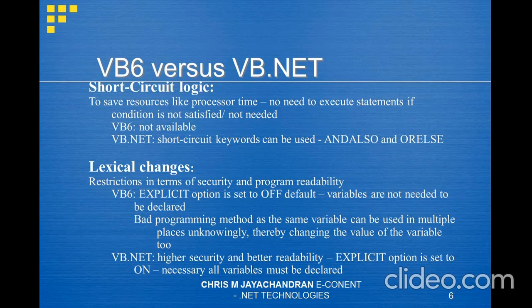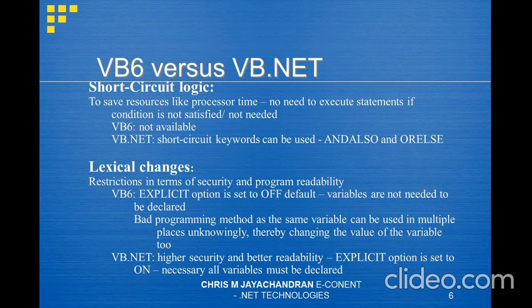In a similar manner, if a part of a statement turns out to be false or true, there is no point in trying to execute the remainder of that particular statement. This would save resources, be it CPU time or memory. So such short circuit logic is available in VB.NET.